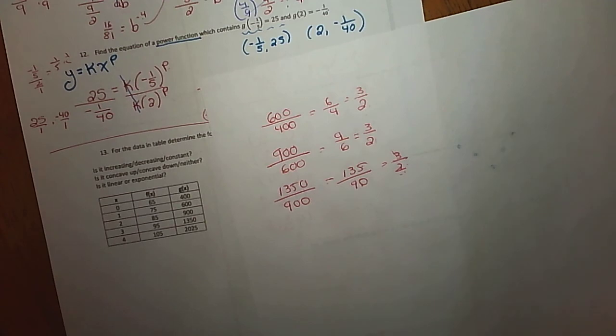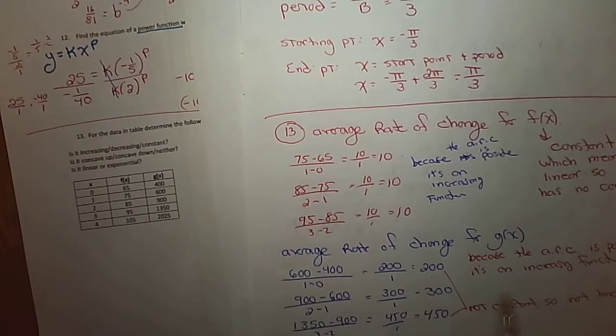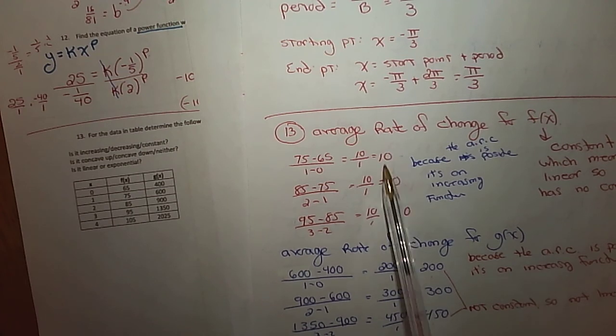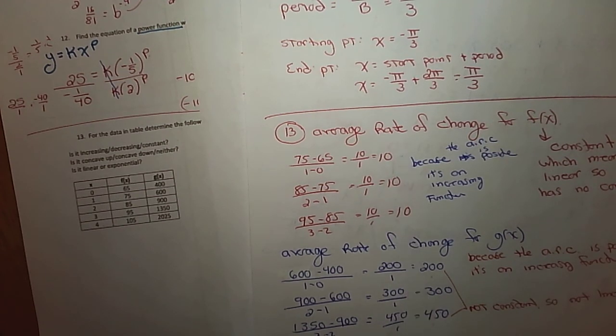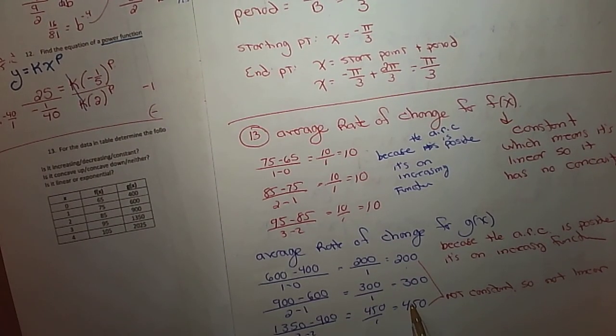All right. So the last thing is the concavity. Now, let's look at these. The fact that this was constant means it had no concavity. That's what made it linear. What is happening to these numbers? 200, 300, 450. They're getting bigger.